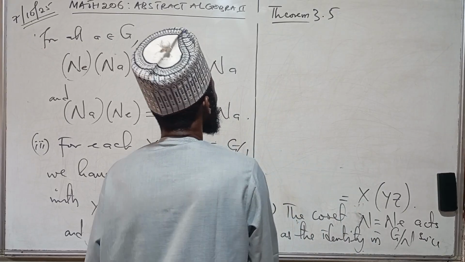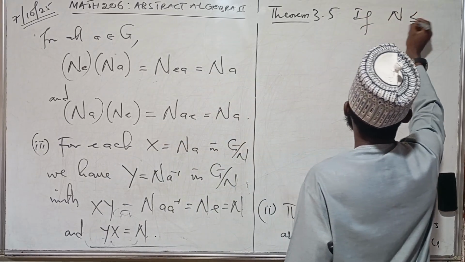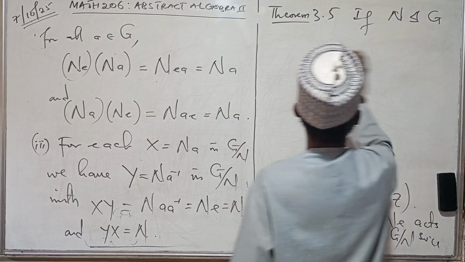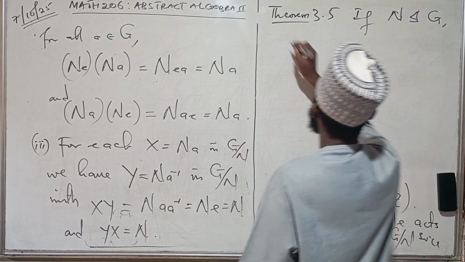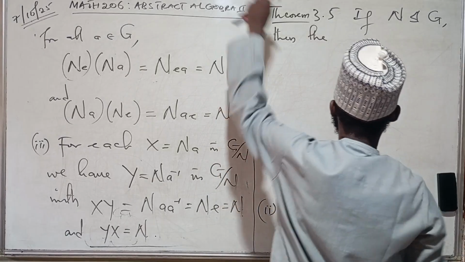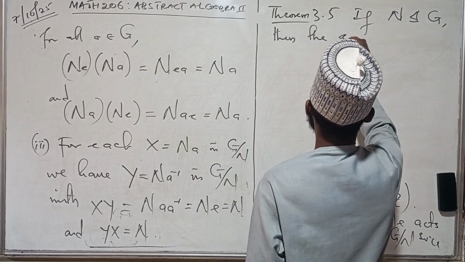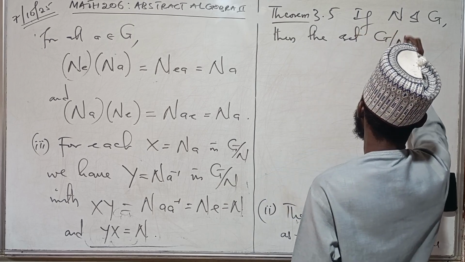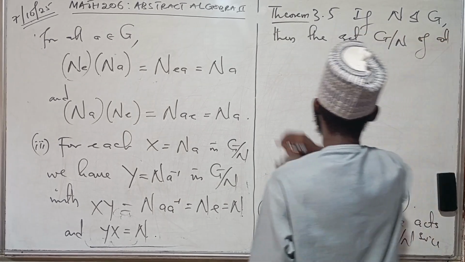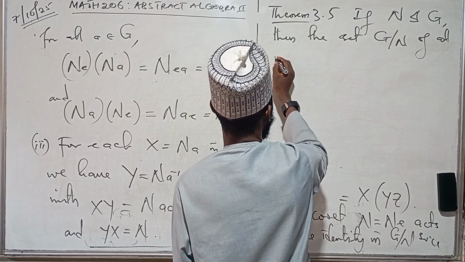Okay. So we say if N is a normal subgroup of G, then the set G by N of all cosets of N, you can just say coset, it can be left or right coset, they are all the same.